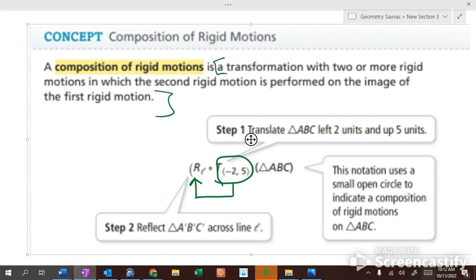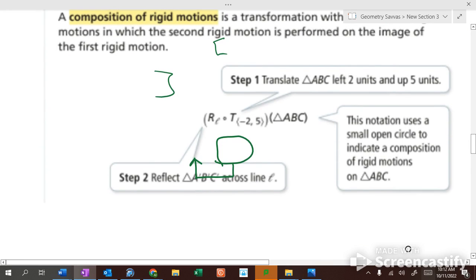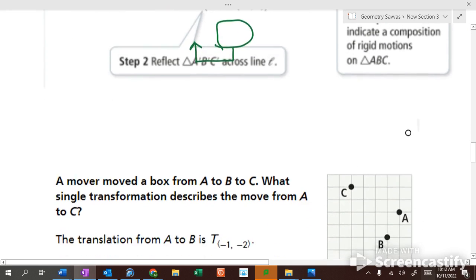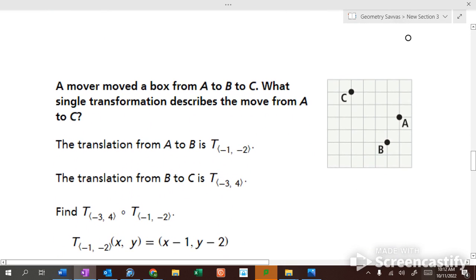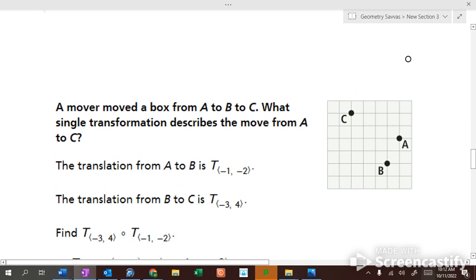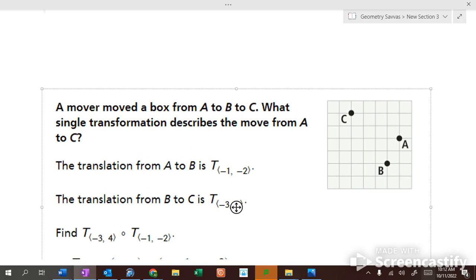Now, when it's translation, it doesn't get too complicated. So here's a translation. When we write it with a composition of transformations, a mover wants to move a box from A to B, and then he moves it from B to C. Okay? So if he moves it from A to B, he's going to translate it 1 to the left and 2 down. -1, -2.